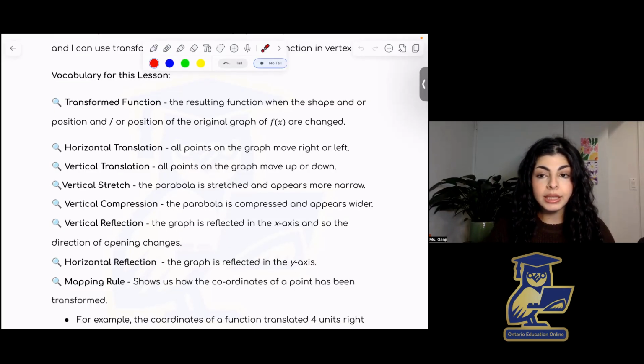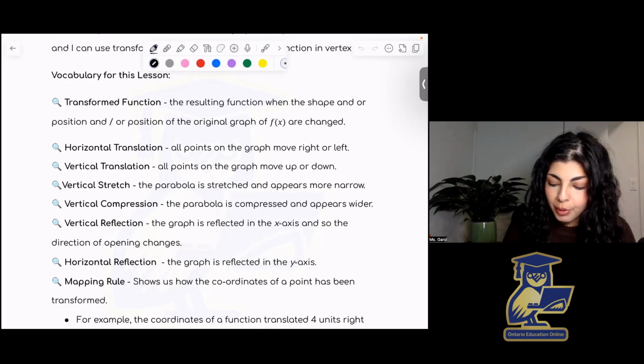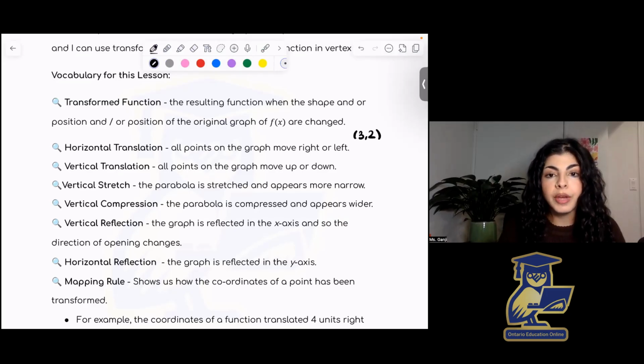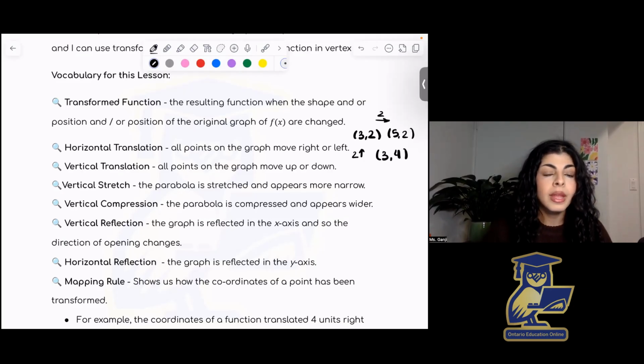This will be reflected in the mapping of the points. For example, a point (3, 2) moving 2 to the right is going to now be (5, 2), and if it moves 2 up, then it's going to be (3, 4).